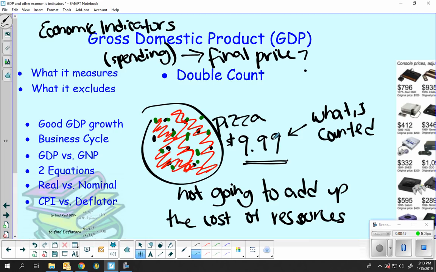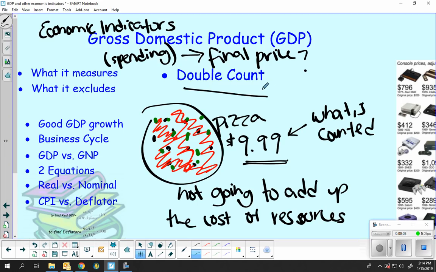That $9.99 already includes the sauce. It already includes the crust. It already includes the pepperoni. And so you don't have to add up all the resources. If you did, that would double the price of the pizza. So that's why it's called double count.